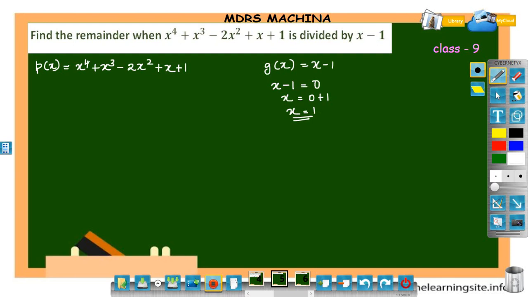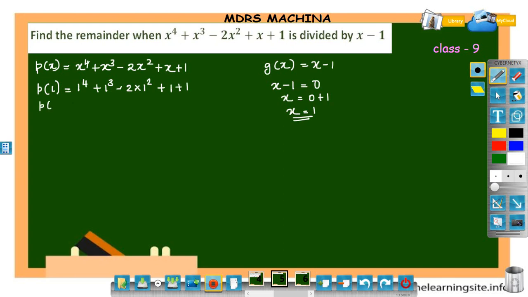Now we have to substitute x is equal to 1 in the polynomial p of x, to find the value of p of x at x is equal to 1. So p of 1 is equal to 1 to the power 4 plus 1 cube minus 2 into 1 square plus 1 plus 1.